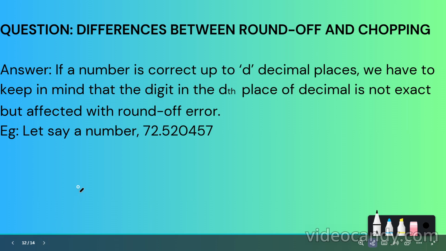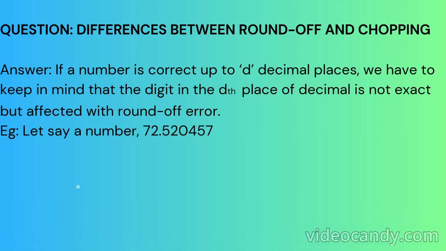The question asks for the difference between round-off and chopping. If a number is correct up to d decimal places, we have to keep in mind that the digit in the d-th decimal place is not exact but affected by round-off error.